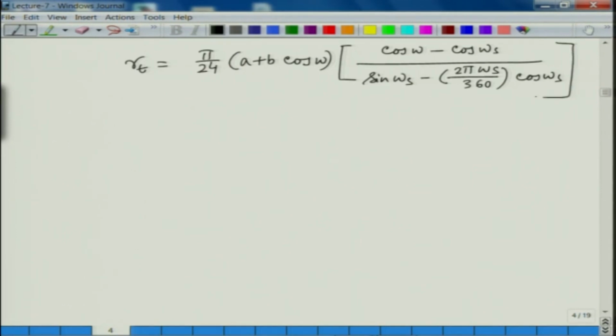So, this is the formula that expresses RT, and we should say that this derivation is beyond the scope of the present course.